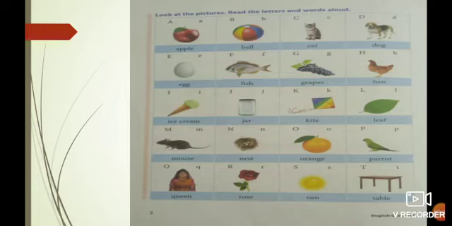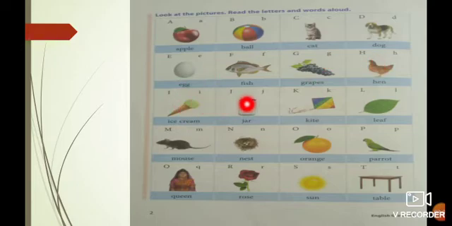See, first one is A. A for apple. B for ball. C for cat. D for dog. E for egg. F for fish. G for grapes. H for hen. I for ice cream.